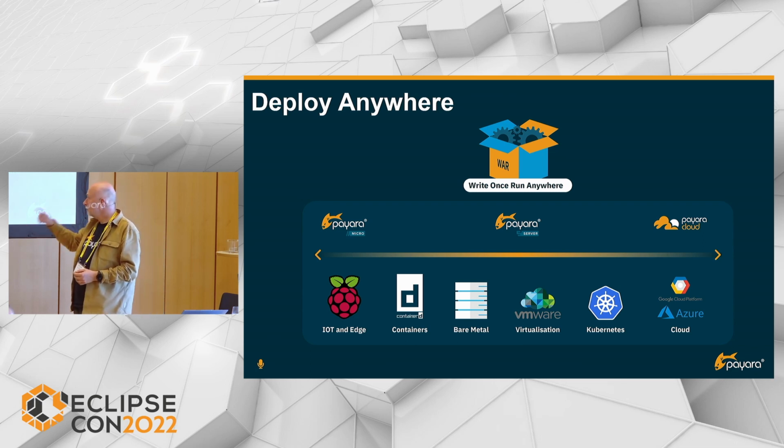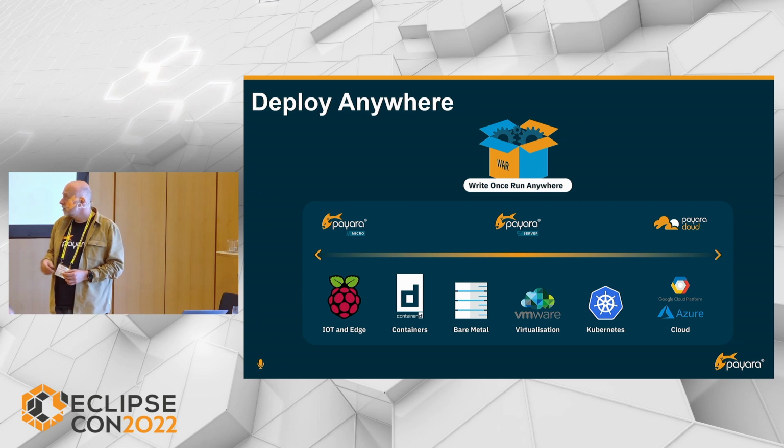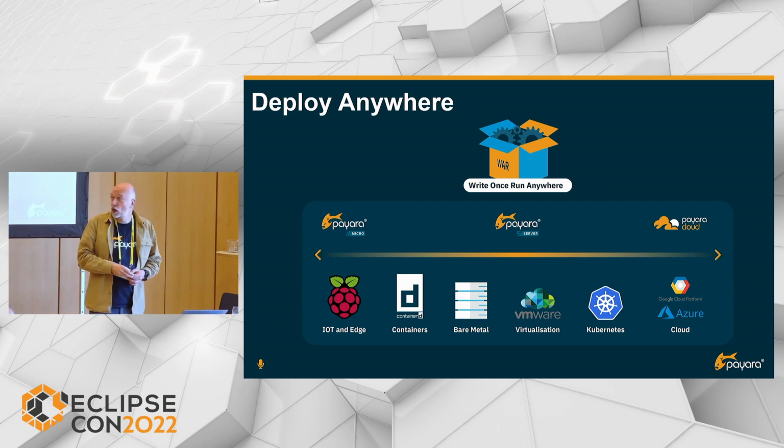Then we have the whole spectrum of infrastructure you have to worry about, from bare metal, into container services like Docker, through to VMware, through Kubernetes, and through to public cloud. And as a Java EE developer, you shouldn't really have to worry about that.